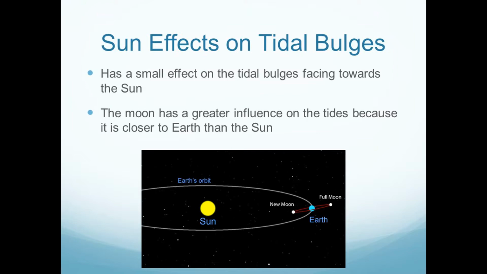The sun is much further away, so even though it has a larger mass and should have a larger influence, the distance, because of the r squared on the bottom of the division, greatly decreases the sun's influence on the tides. But the sun still has a really small influence, which you'll see later on in the presentation. The greatest influence on our tides here on Earth is from the moon.